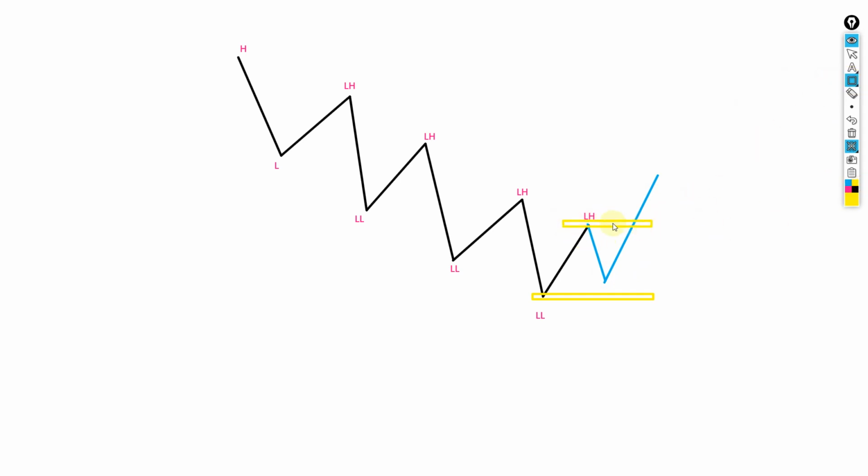It breaks that lower high. Once it breaks that lower high, comes back to retest this level and goes high like that, and it continues to go like that. And as we can see, as it continues to go like that, it has created another trend.